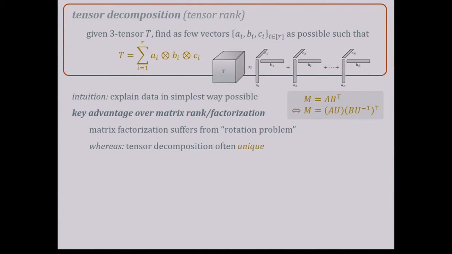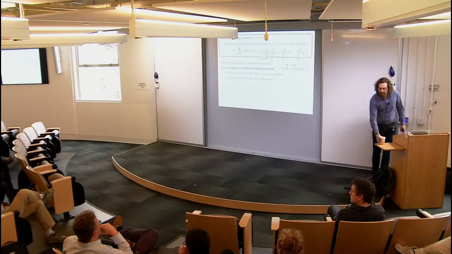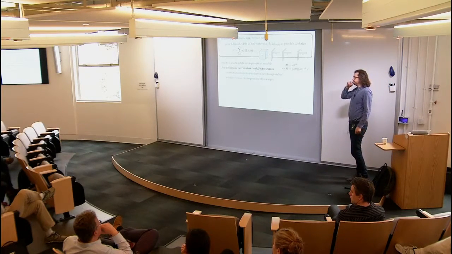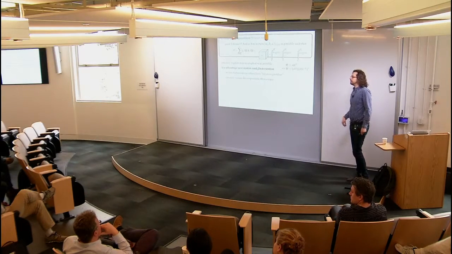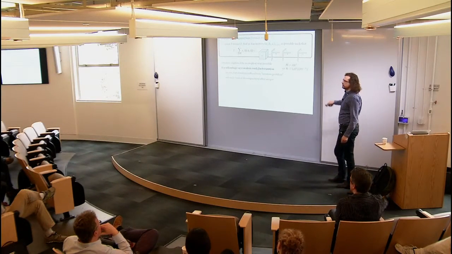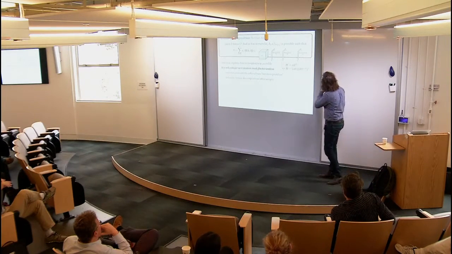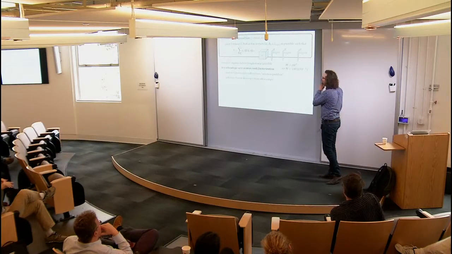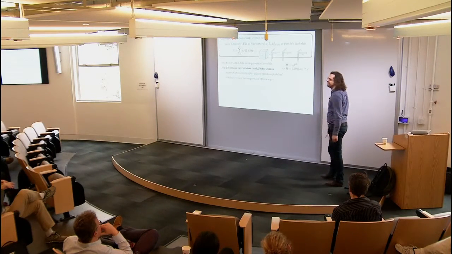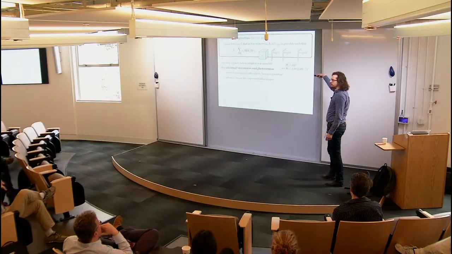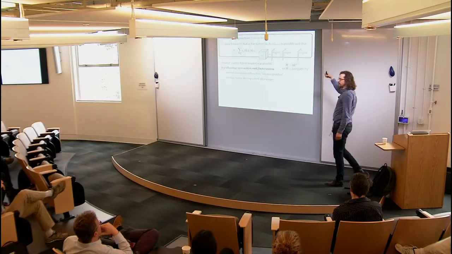Yes? I'm a little confused about the analogy. You say M equals AB transpose. Isn't the right thing to compare where M is a sum of tensor products or outer products? Yes, that's the same thing. If you look at rectangular matrices, the inner dimension will be R, and that's the same thing that you're trying to minimize.